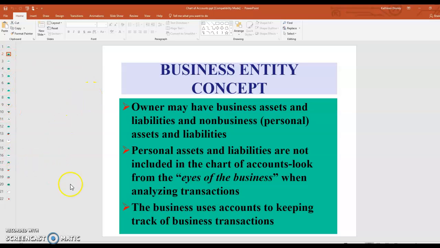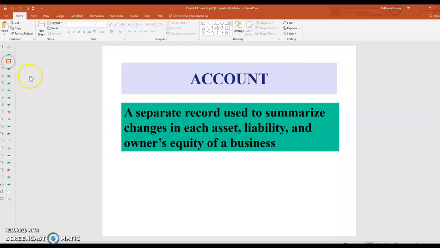Now we're going to use accounts as we keep track of business transactions. So what is an account? It's a separate record for each asset, each liability, and each owner's equity or subtype of owner's equity.